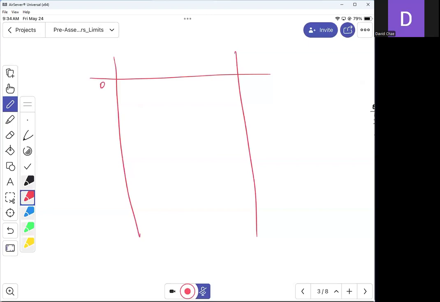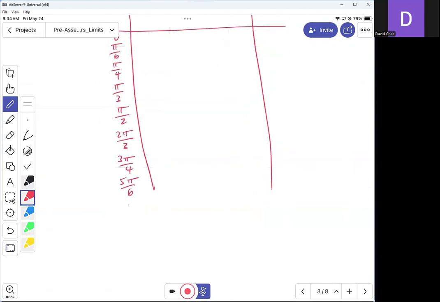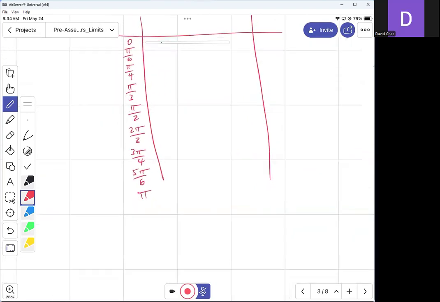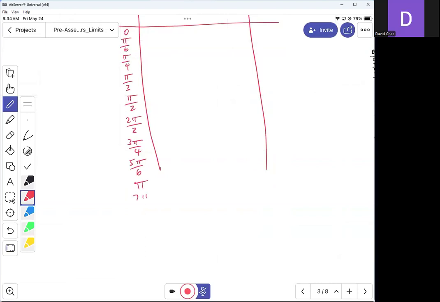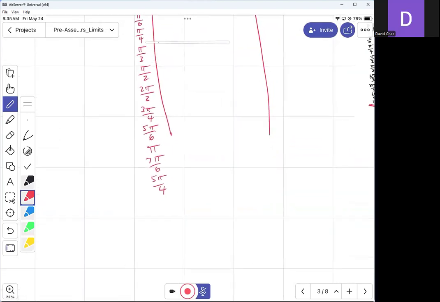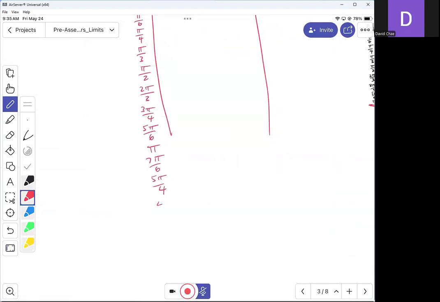So this is 0, pi over 6, pi over 4, pi over 3, pi over 2, 2 pi over 3, 3 pi over 4, 5 pi over 6, and then pi, and then what? 7 pi over 6, and then 5 pi over 4, and then what? 4 pi over 3, and 3 pi over 2.